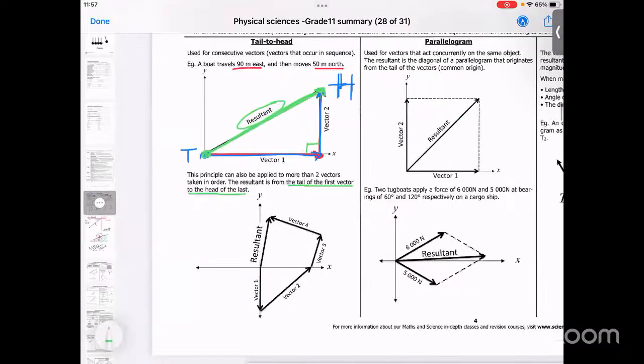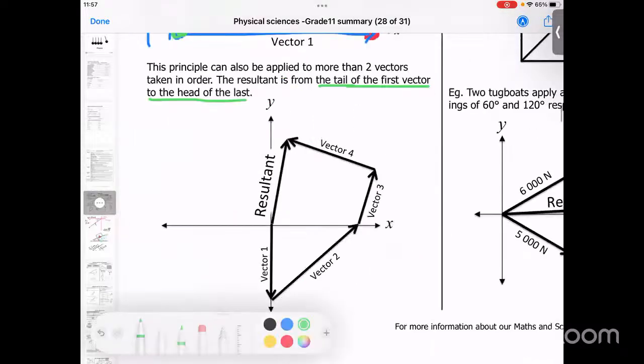Okay, so here, the same principle applies. Look at this, honorable member. They are saying it starts from there, from the origin. You see there, you have the y-axis and the x-axis, and that point is the origin. So that means the origin is the tail. The boat went there. After going there, it changed direction, and then it went there. From there, it went there. From there, it went there.